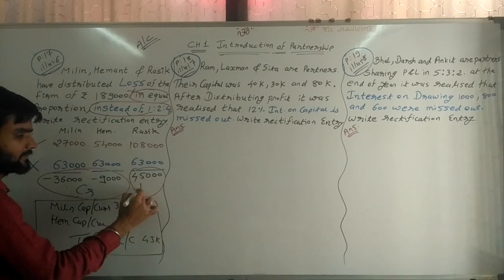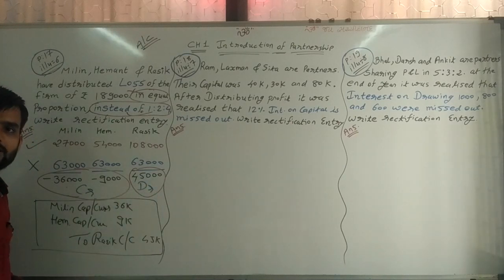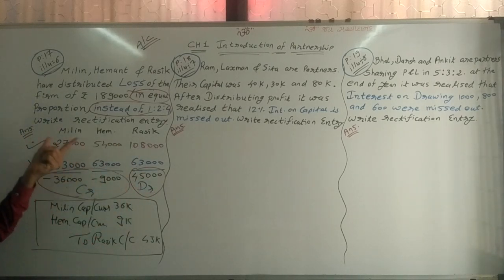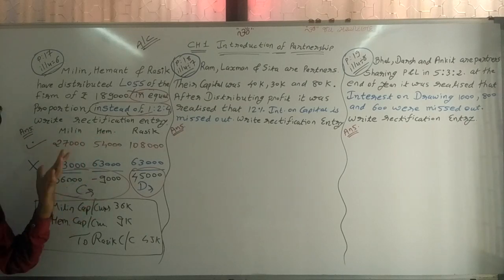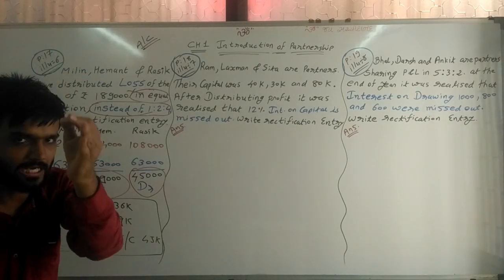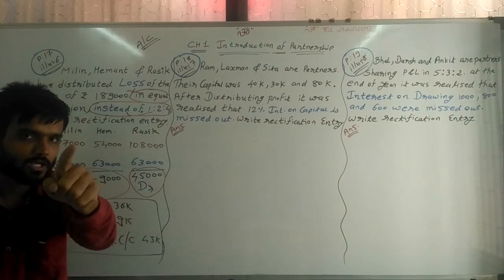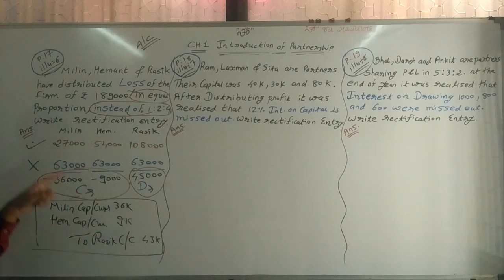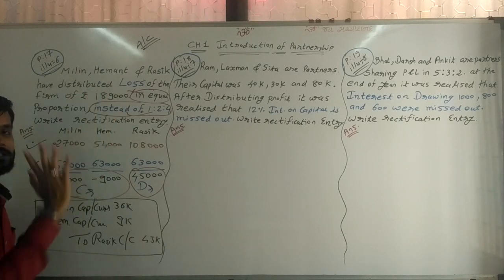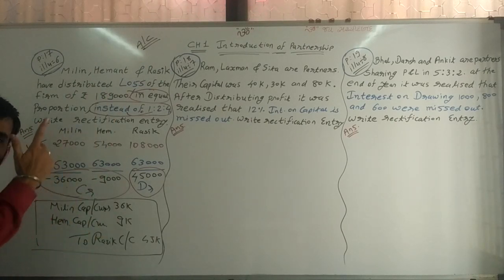And instead of credit, we are doing debit. And writing the rectification entry: Rasik debit 45,000, to Milin 36,000, to Hemant 9,000. That's it. So the journal entry will be changed. The calculation remains the same. That's why I am telling you, first write correct, second write wrong, correct minus wrong, minus debit, plus credit. Profit is given. If loss is given, inverse.